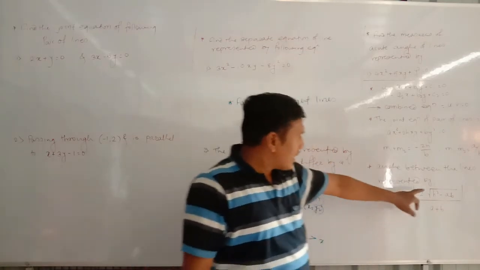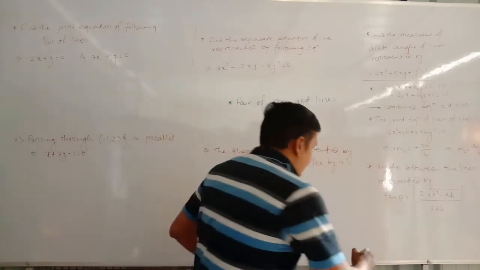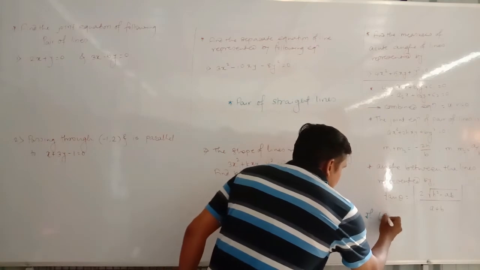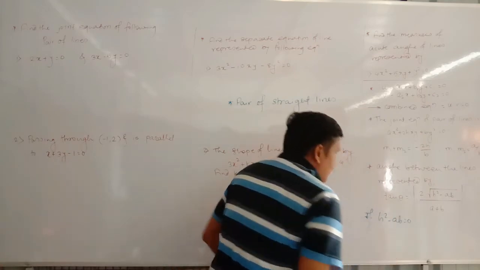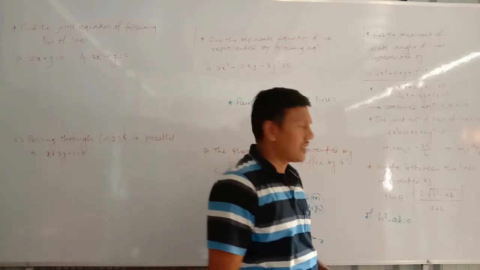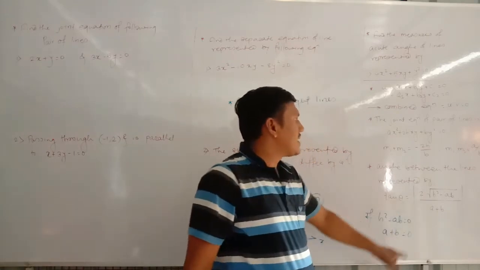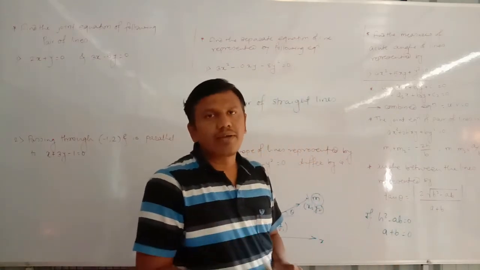Now, if h square minus ab is equal to 0, then the pair of lines are parallel to each other. And if a plus b is equal to 0, then the pair of lines are perpendicular to each other.